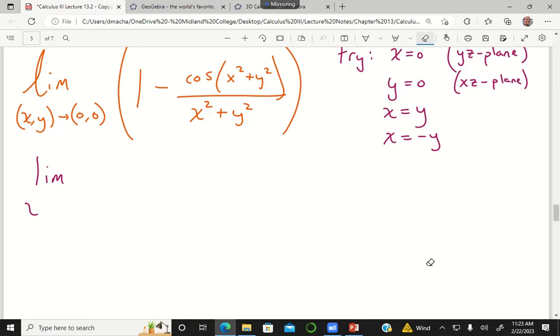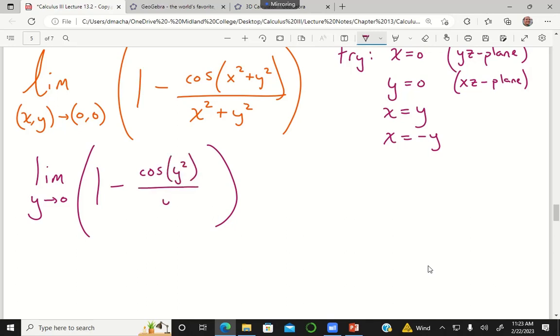And if x is already equal to 0, then I'm going to be thinking about the limit as y approaches 0. And this is going to be the function 1 minus cosine of y squared over y squared. Again, because right now I'm trying the trace in x equals 0.